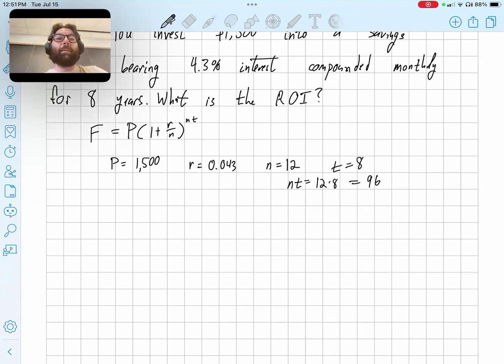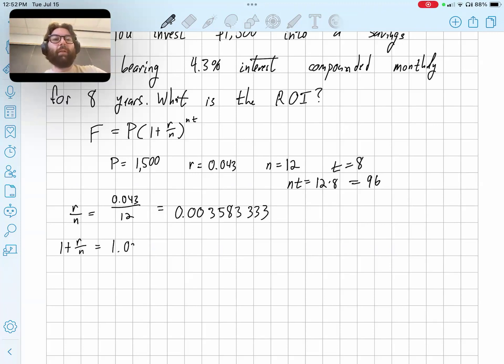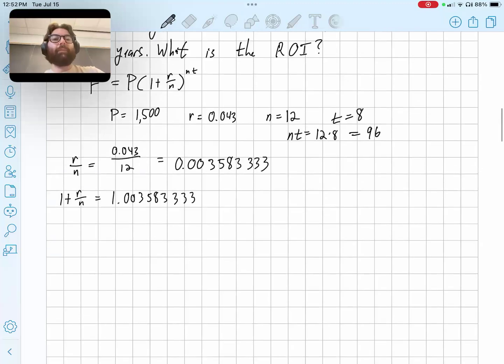Now let's just do this step by step like we've been doing. R over N, that's 0.043 over 12. Okay, and I'm going to round to 9 decimal places. That's 0.003583333. So 1 plus R over N is 1.003583333.